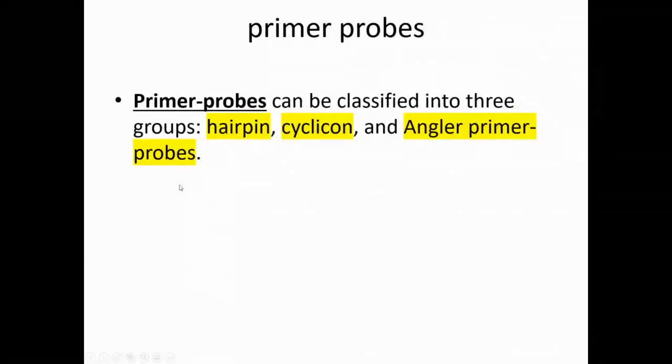For the primer probes, the primer probe is an oligonucleotide that combines a primer and the probe in a single molecule. Therefore, the dye does not have to be added directly to the reaction mixture because the primer already has the fluoro attached. These assays are relatively inexpensive to run and also fairly straightforward to design.